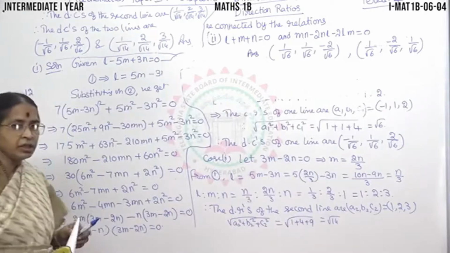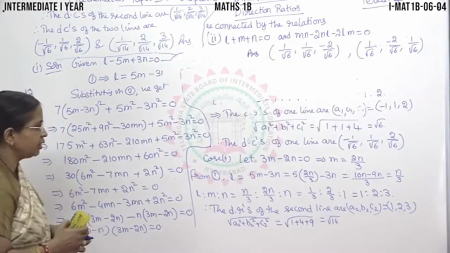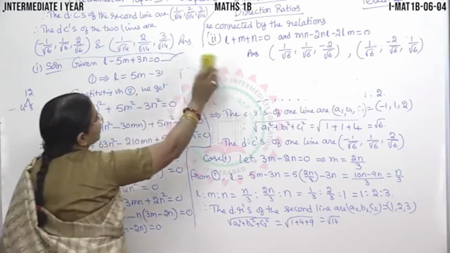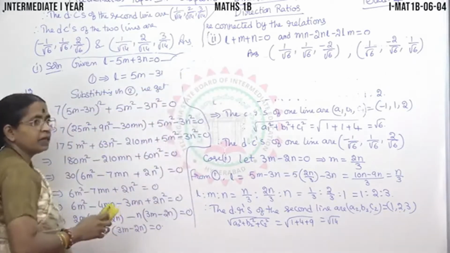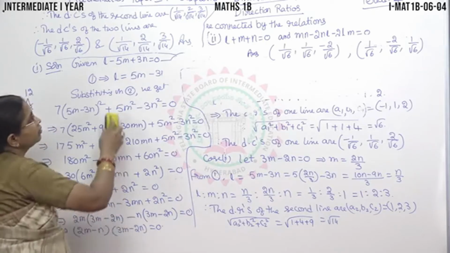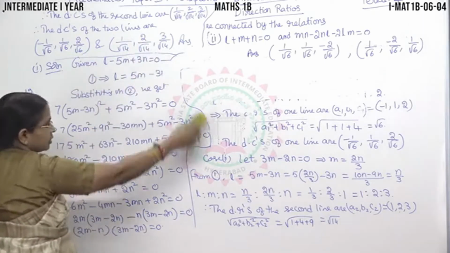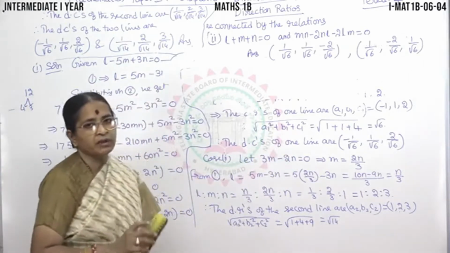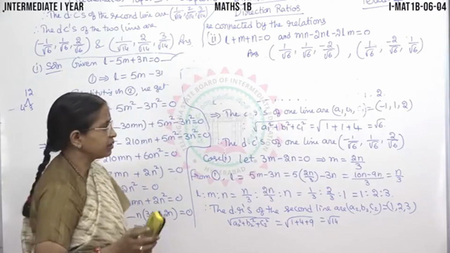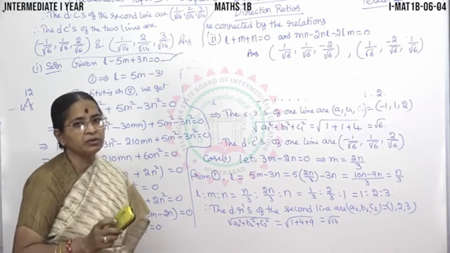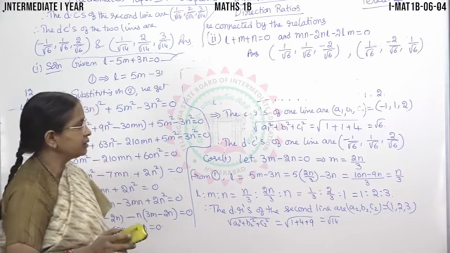Now we have another two problems which are similar to this. So you will be given again same two equations and you have to find the angle between the two lines. So to find the angle also, you need the direction ratios. You don't need any direction cosines. You can use cos theta formula, a1 a2 plus b1 b2 plus c1 c2 by root of a1 square plus b1 square plus c1 square into root of a2 square plus b2 square plus c2 square.